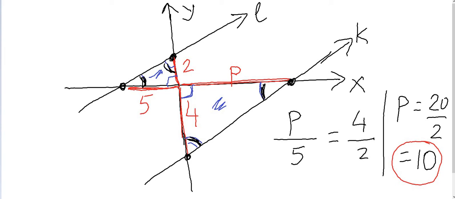It's a much shorter solution than trying to find the slope of line L with one equation, then find the slope of line K with another equation, and then equating the two to find P. Here it's just a single step using the fact that the two triangles are similar.